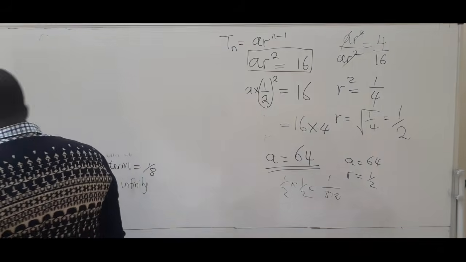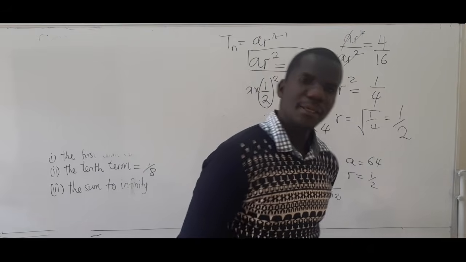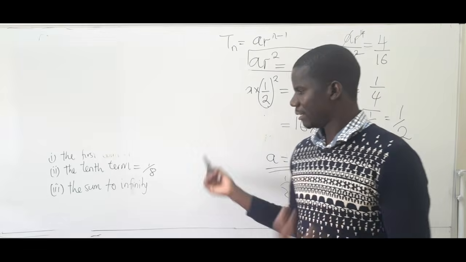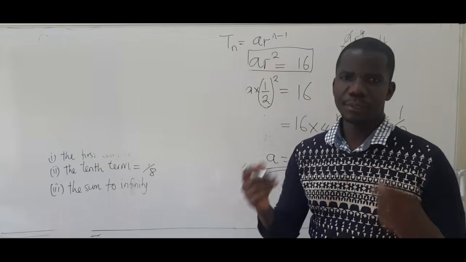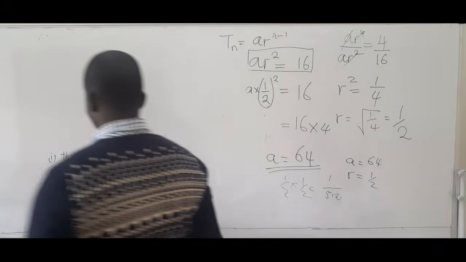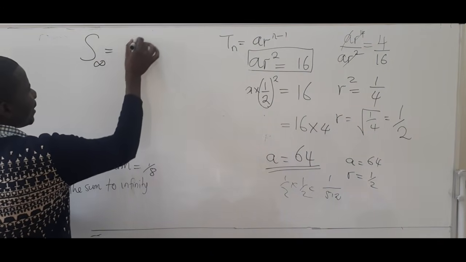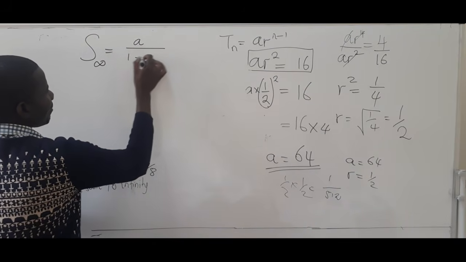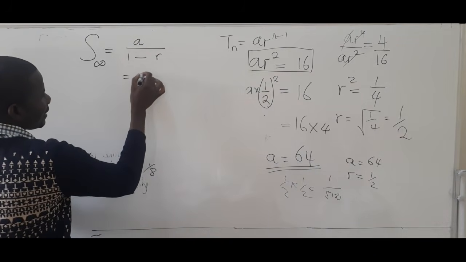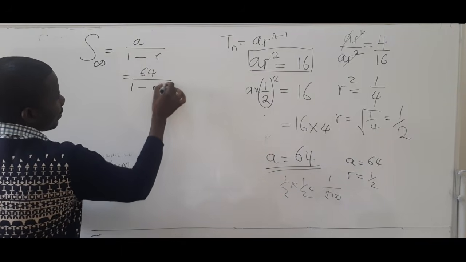Okay, so the other question is the sum to infinity. Don't worry, the formula for the sum to infinity is given in the question paper. You should be able to get it from the cover, on page 1. So the sum to infinity is given by the formula A, which is the first term, over 1 minus R. In our case, what is our first term? 64 over 1 minus 0.5.